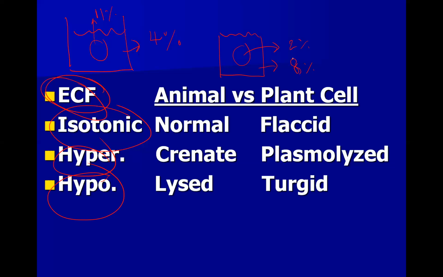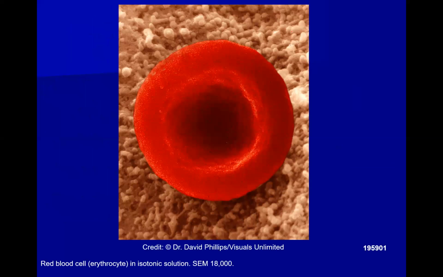This is assuming that it's the same type of solute, by the way, because it does get a little bit more complicated than this, but just to keep it simple, then water in this case will leave the cell, because the outside of the cell has a higher solute concentration, and water moves towards the higher solute concentration, or the hypertonic side. So this is a normal red blood cell. This is what it normally looks like.